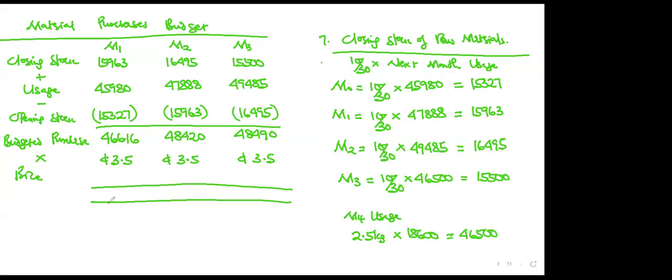Month 3 will be 16,971.5. 46,616 times 3.5. Okay, the first month is 163,156. And 48,420 times 3.5 is 169,470. So all questions completely answered.